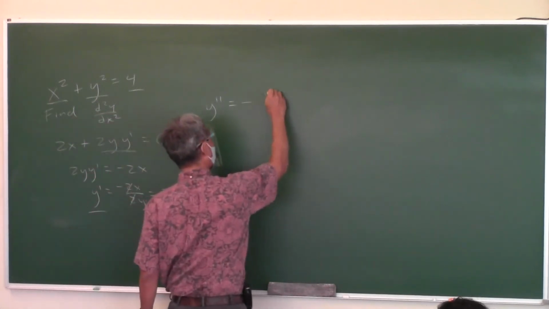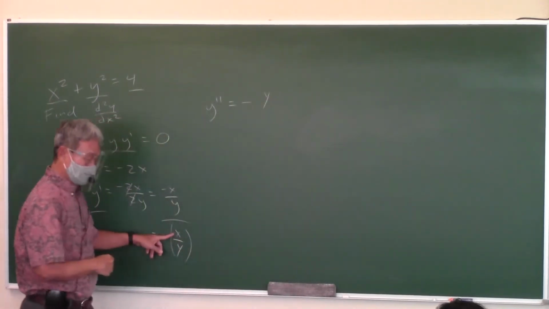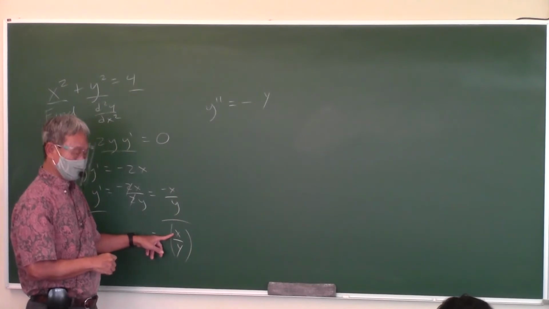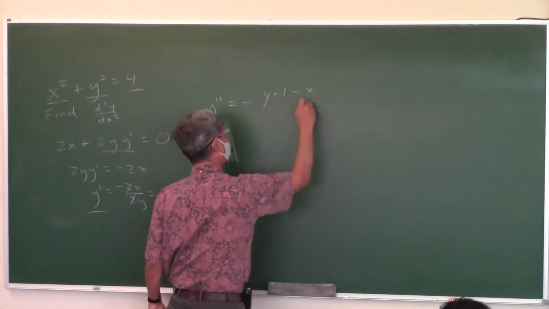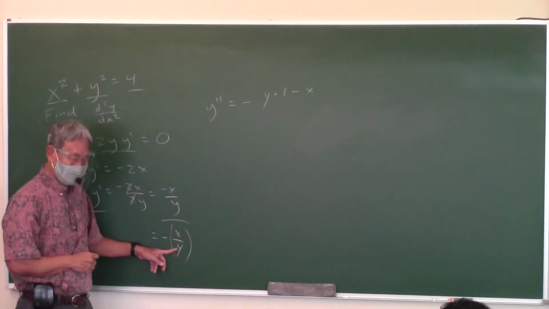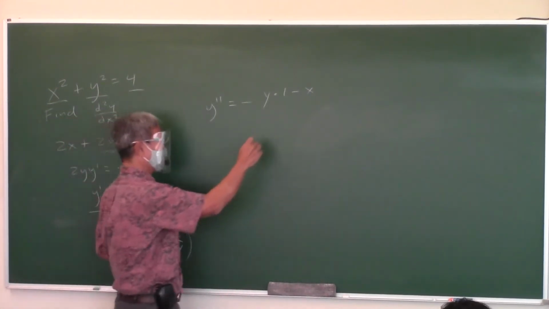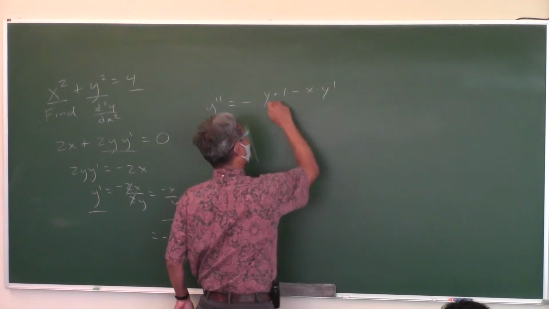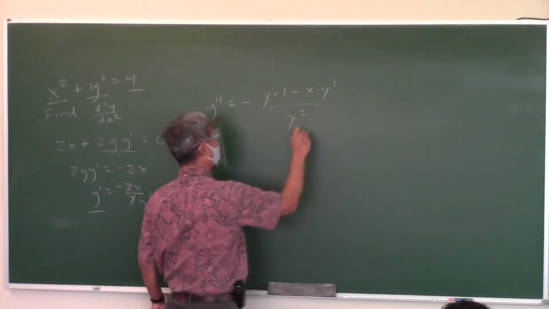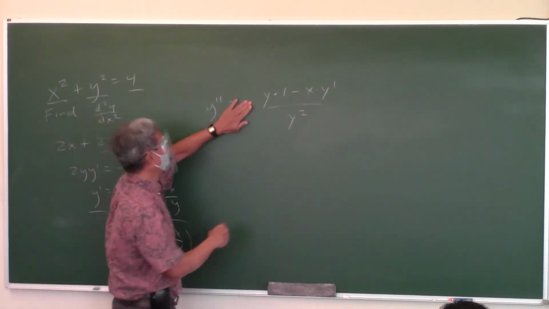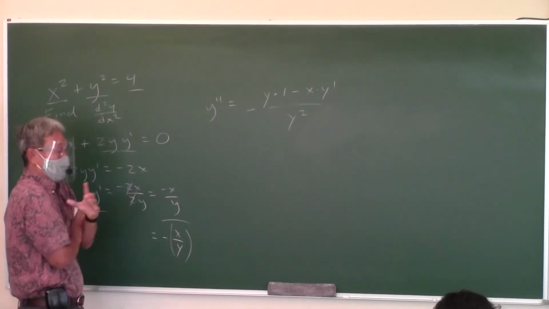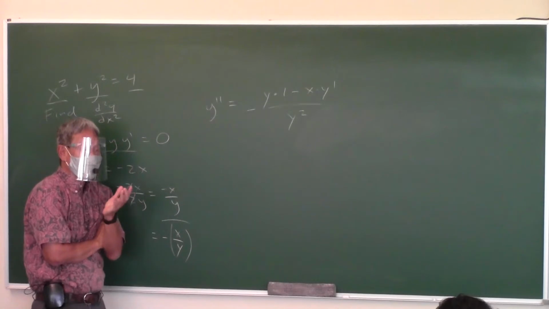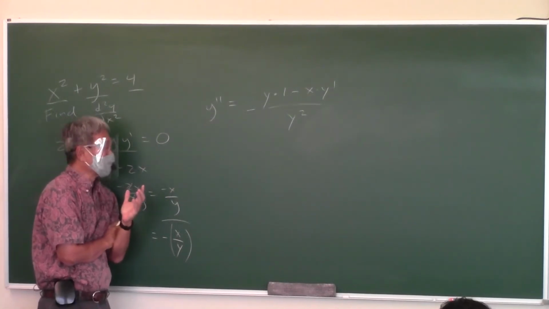So low d high, what is d high? 1. I'll put the 1 there. Minus high d low, y prime. y prime all over denominator squared we go. That minus needs to be in the middle so we don't get confused. Okay, that's correct, but you gotta be able to pick out the answer. See, that's gonna be the problem.